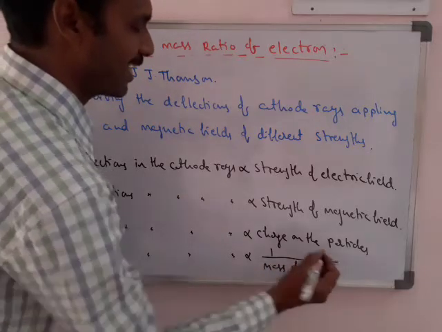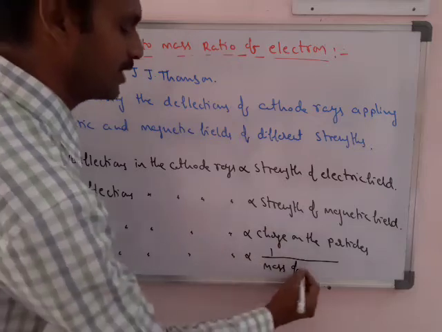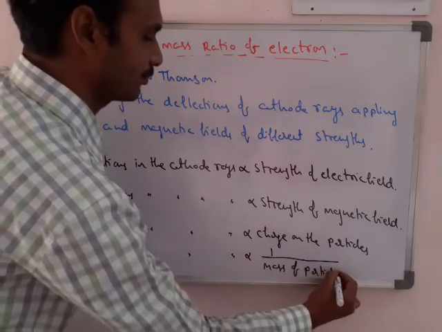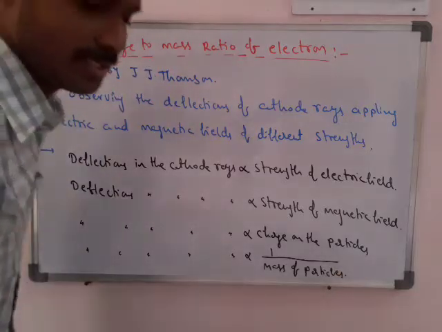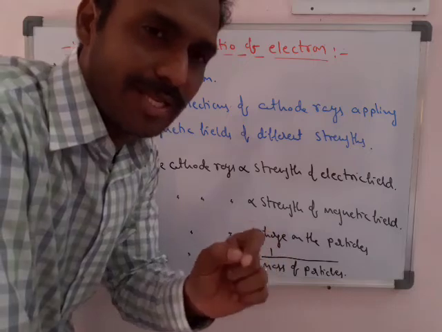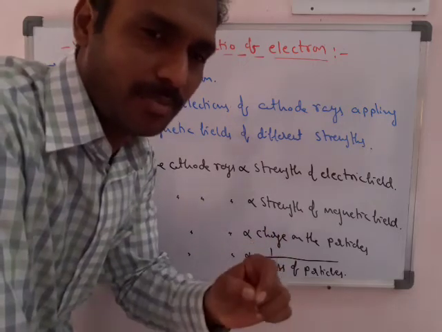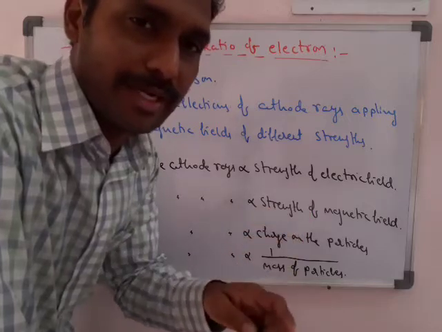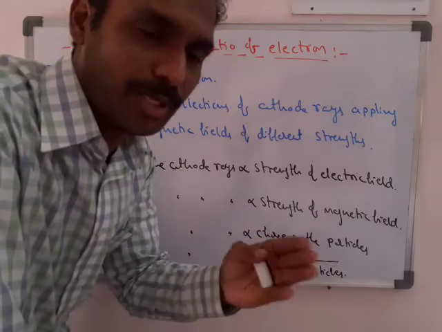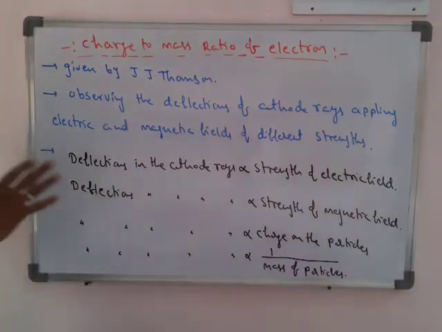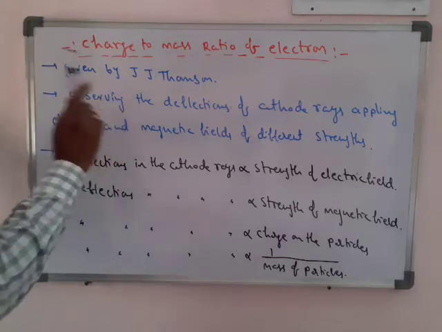We can't say size directly, the mass is the correct one, the mass of the particles. If the particle is lighter, there is more deflection. The effect of the electric field or the magnetic field is greater on lighter particles, so automatically there are more deflections. These are the main observations done by J.J.